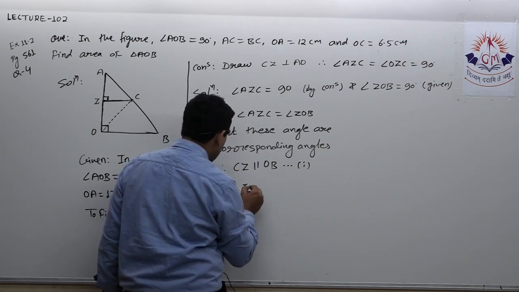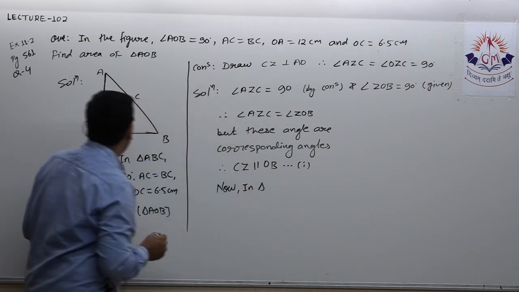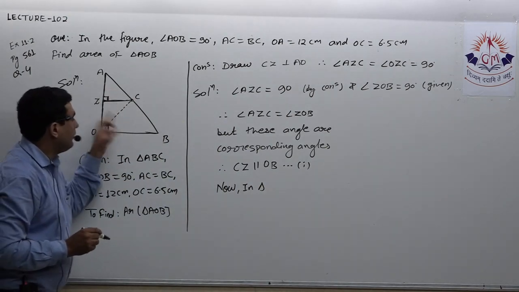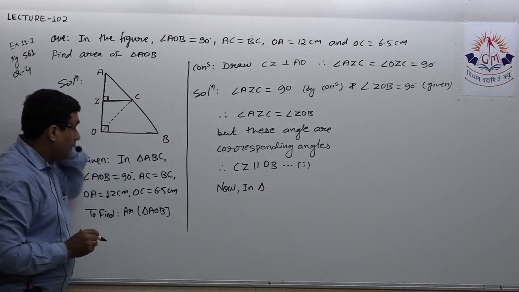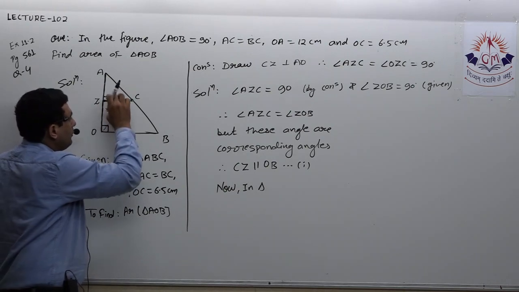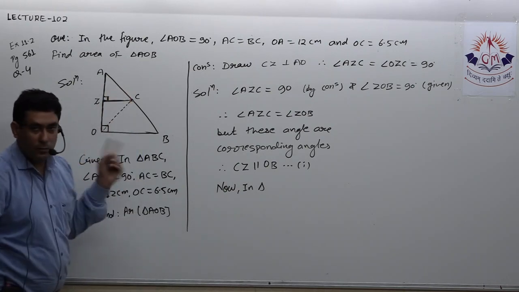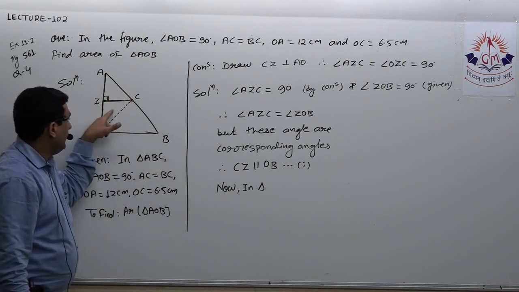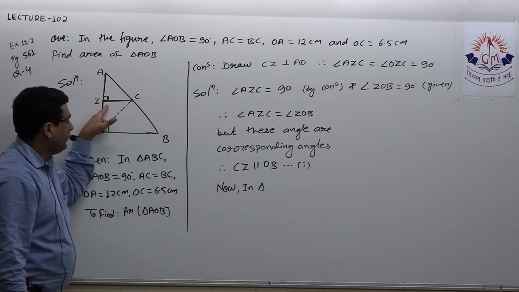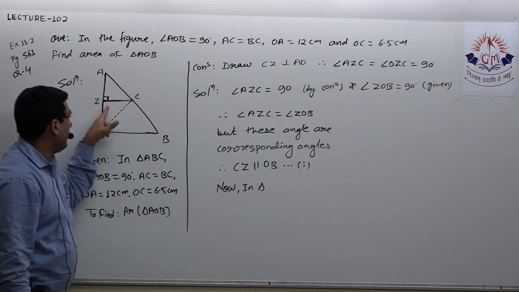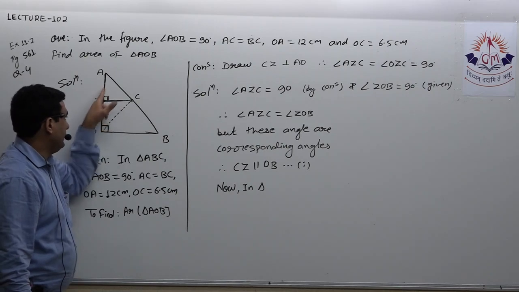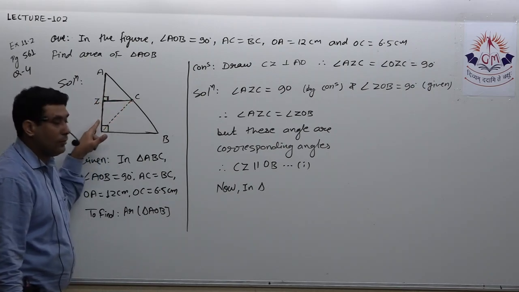Now see, actually my target is to prove AC equal to OC. To prove that AC equal to OC, I need to prove these two triangles congruent. In these two triangles, we have side CZ common and one angle 90 degree each, AZC and CZO.